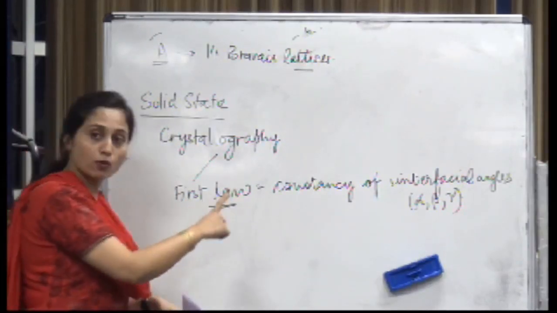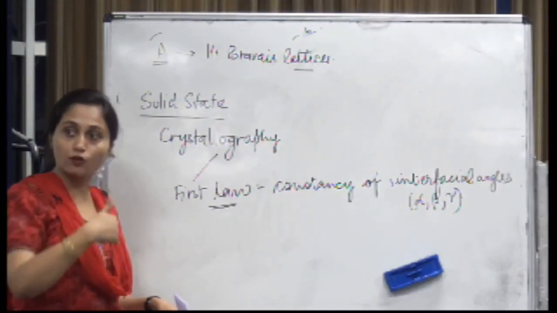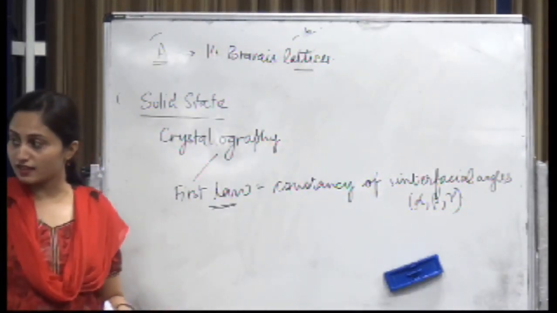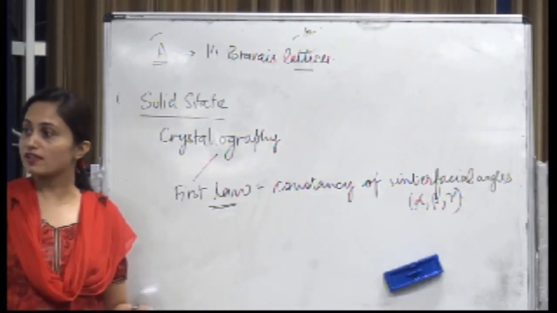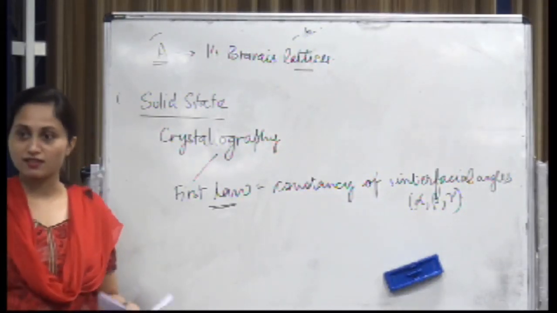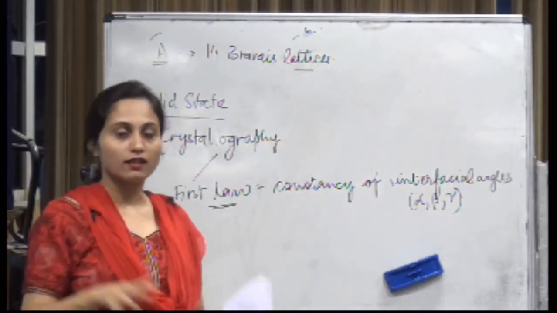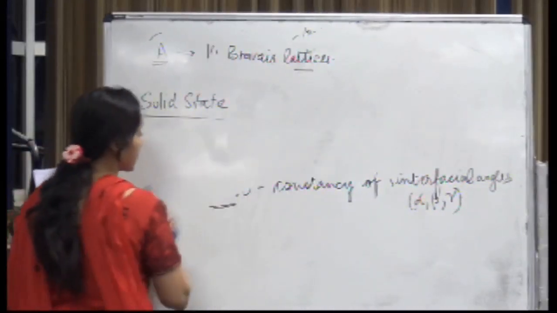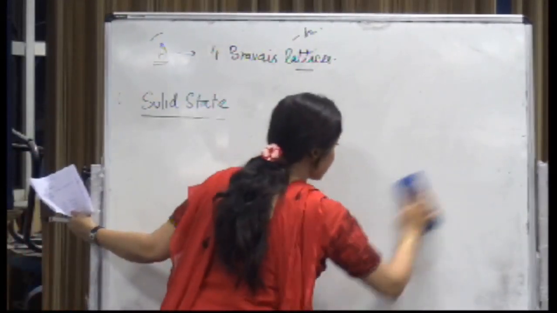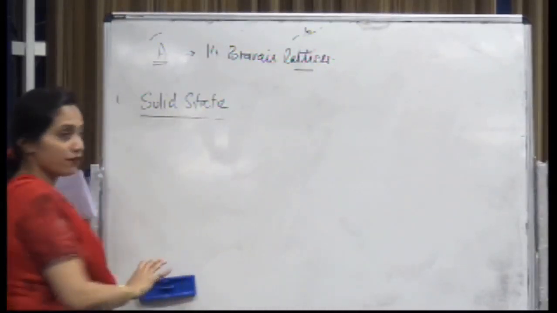Alpha, beta, and gamma are the angles between 2 faces: this and this face, this and this face in your classroom, and then the remaining pair. The 3 angles possible between the 3 faces are constant throughout the crystal. That is what is stated according to the first law.